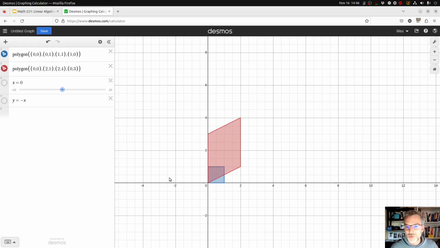And here's what happens when we multiply it by that matrix. Okay, so you can see it stretches it out, doubles this length, triples this length, but also gives it this shear, moves it like that. So I want to calculate the area of that red region and compare it to that of the blue region. Well, you could do this multiple ways.